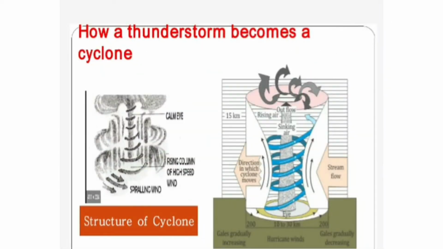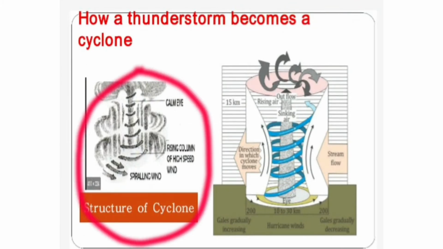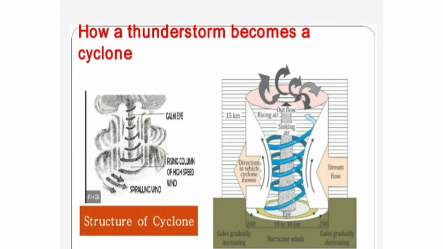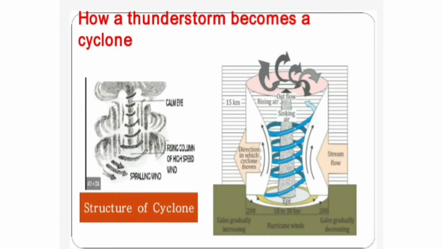And this is the structure of a cyclone. The center of a cyclone is a calm area. It is called the eye of the storm.